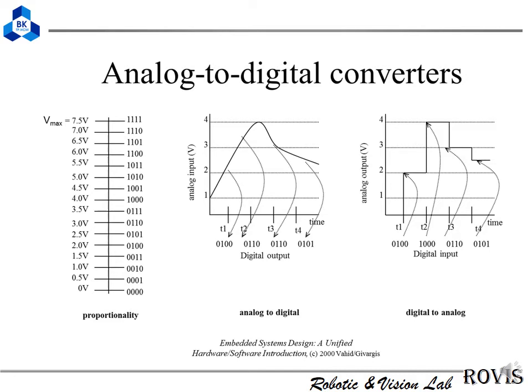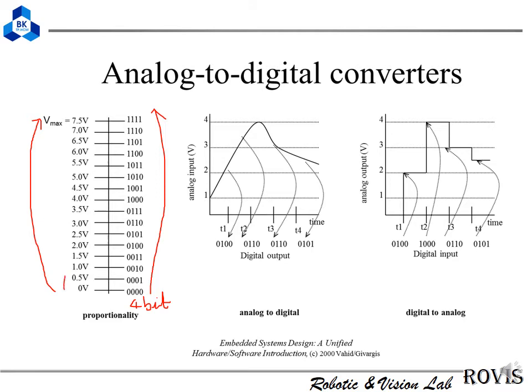And first of all, we will have a brief review of how to convert from an analog to a digital signal. For example, here we have the analog signal. The analog signal can produce a voltage from 0 to 7.5 volts. For example, we can digitalize this analog signal with 4 bits here, and with 4 bits we can read the voltage like this.